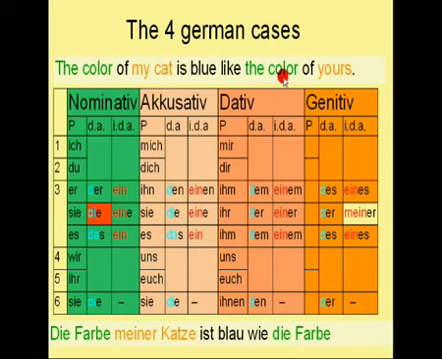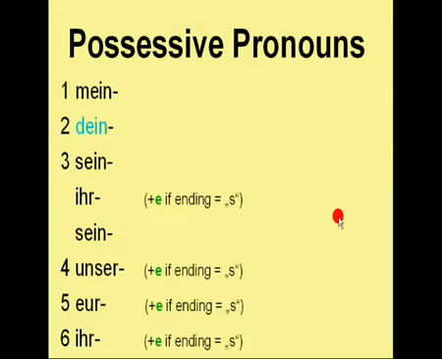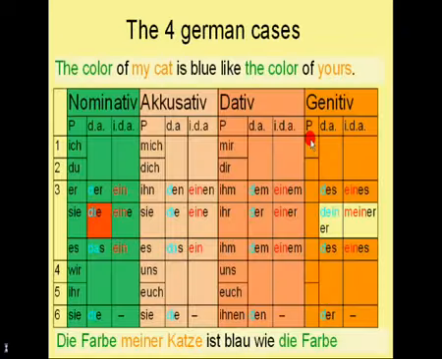And because it replaced it, we need to look at this column here, and especially for this word here, because this stands for feminine ones. And what is the grammatical person of yours? The grammatical person of the possessor is the second person singular with the word stem dein. So we replace it here, the D with the word stem dein. The word is deiner. And the sentence reads Die Farbe meiner Katze ist blau wie die Farbe deiner.